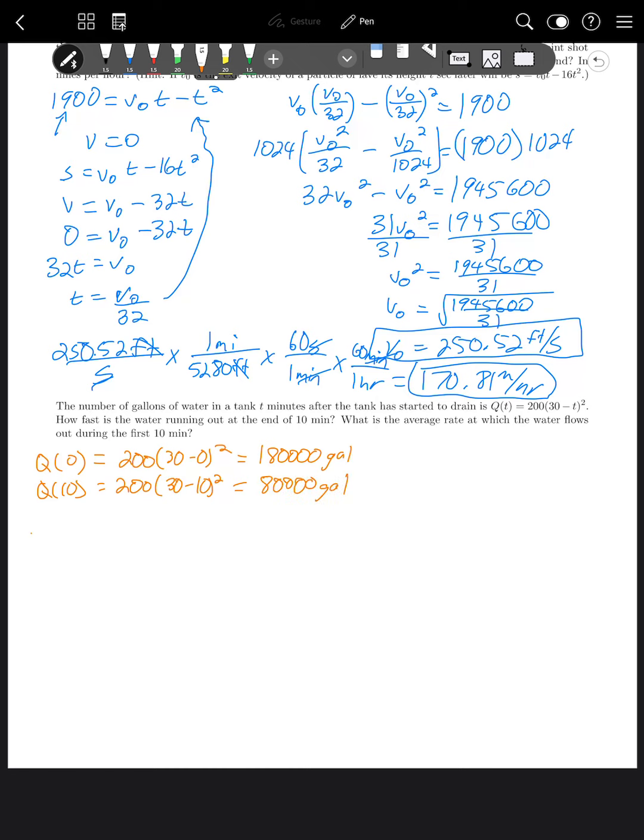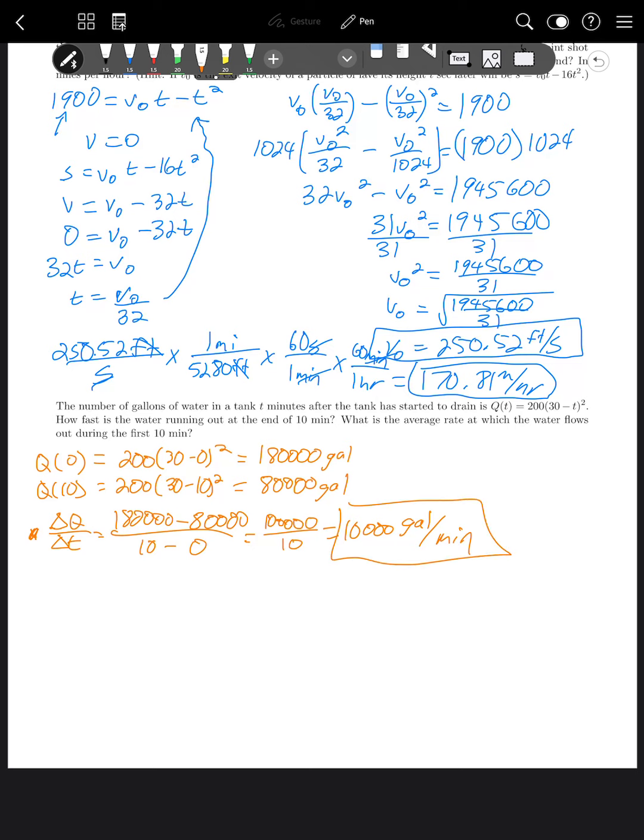Then the average rate at which the water is flowing out would be delta Q over delta t. So that'd be 180,000 minus 80,000 over 10 minus 0. So that's 100,000 divided by 10, which is 10,000 gallons per minute flowing out. So that's just using average rate of change.